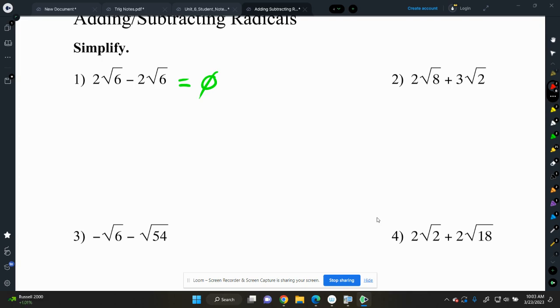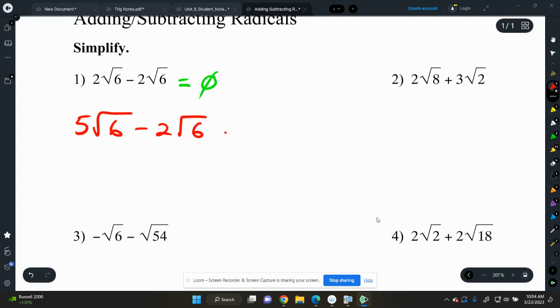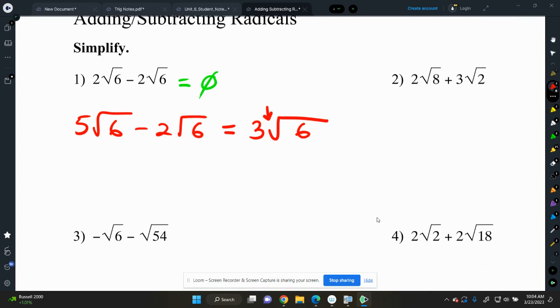Okay, let me show you. Let's pretend, for argument's sake, that I had 5 root 6 minus 2 root 6. What would that equal? 3 root 6, right? What is the mathematical operation that's going on between the 3 and the root 6?